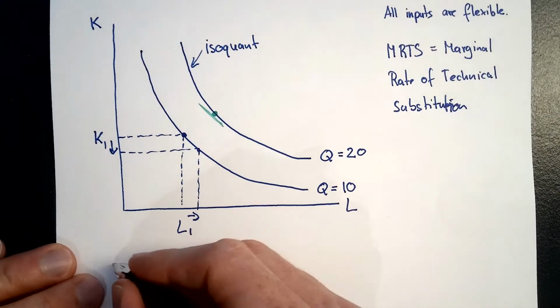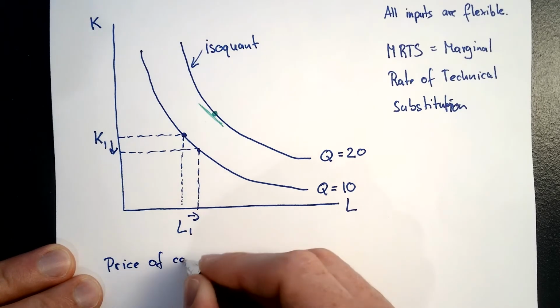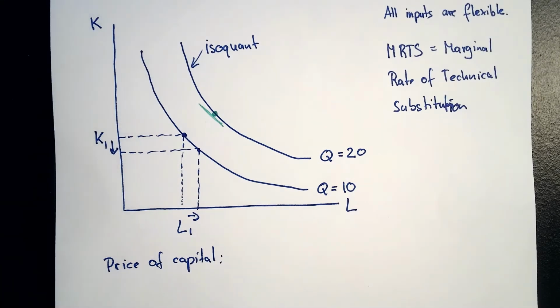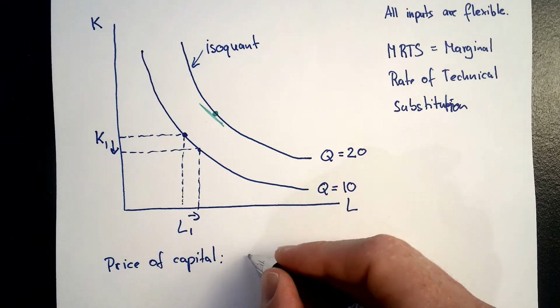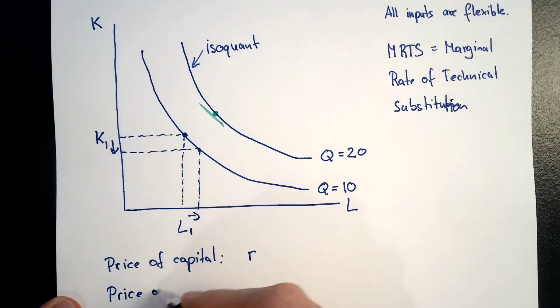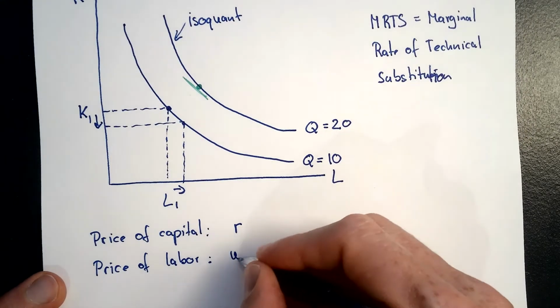The price of capital is usually considered the interest rate, and we denote that with small r. The price of labor we denote with W for wage.